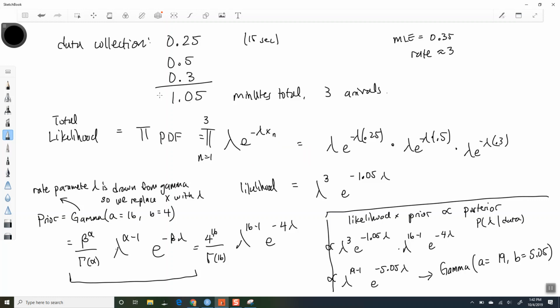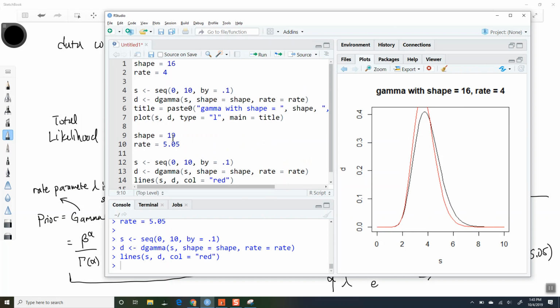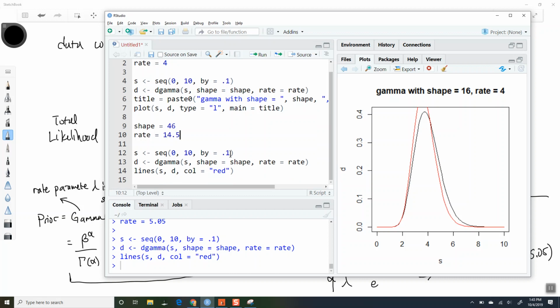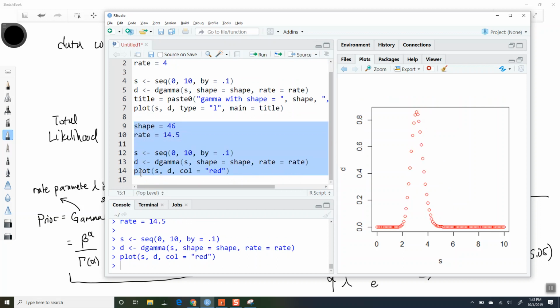So after 30 arrivals, we've waited 10.5 minutes, and if we did that, I would add 30 to 16, so I would have 46, and I would add 10.5 to 4, and I would get 14.5. And this will actually not fit anymore, so I'd have to... well, let me just do this part.